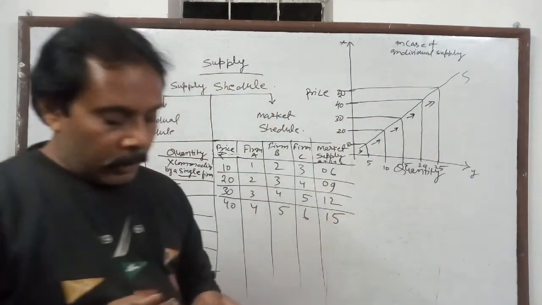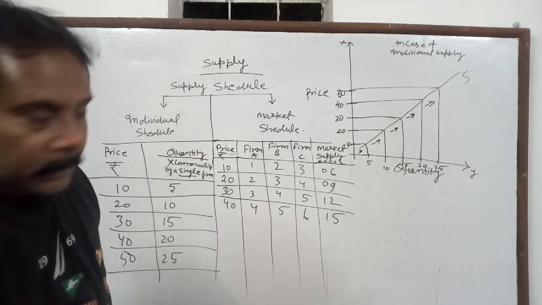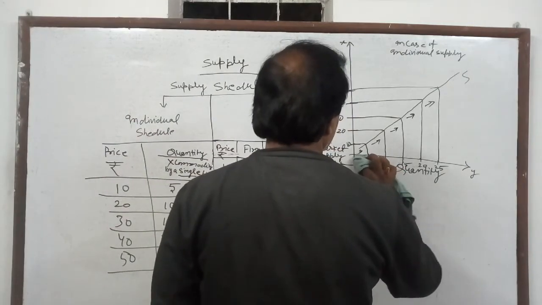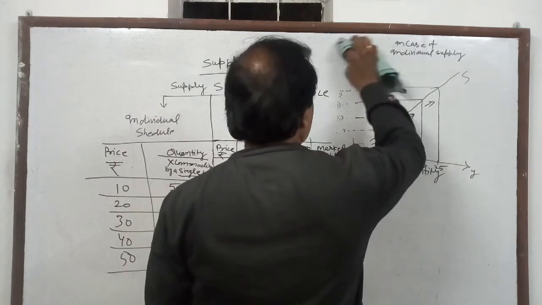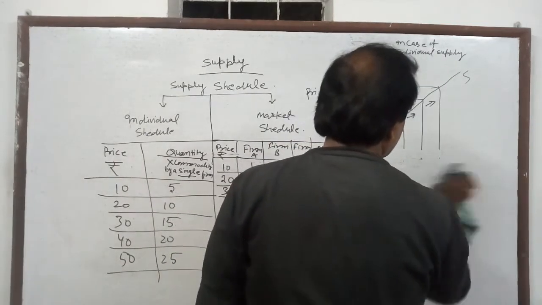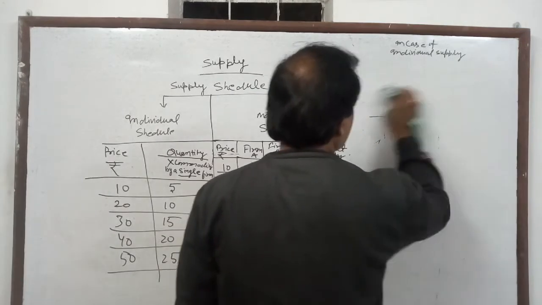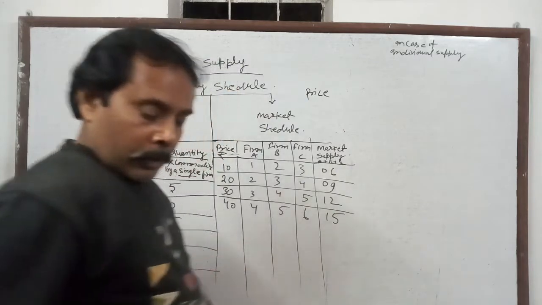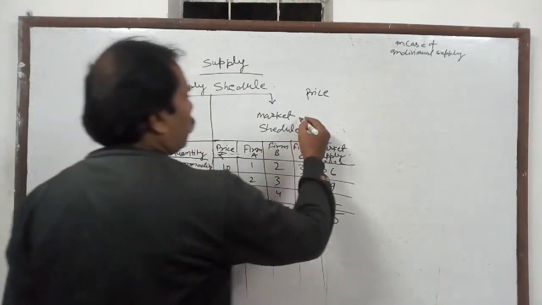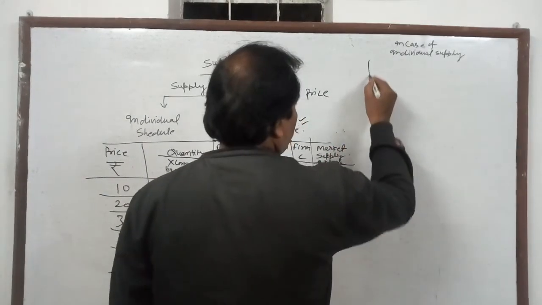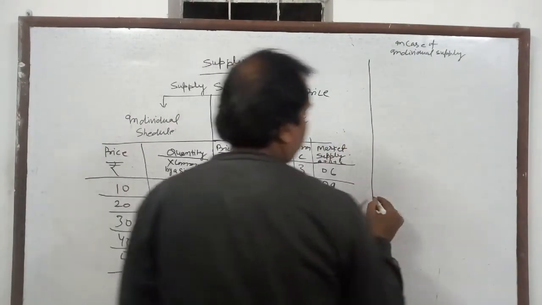Is it clear? Now come to the market supply. So here the market schedule is already given. On that basis we can draw the market supply.